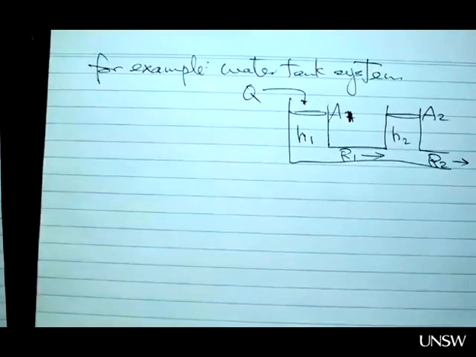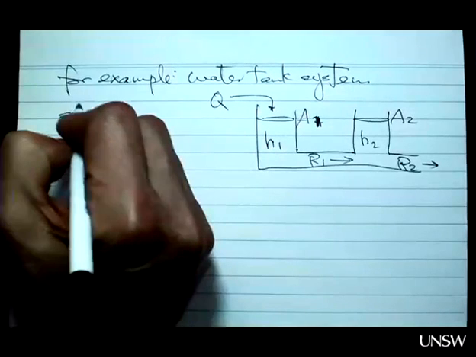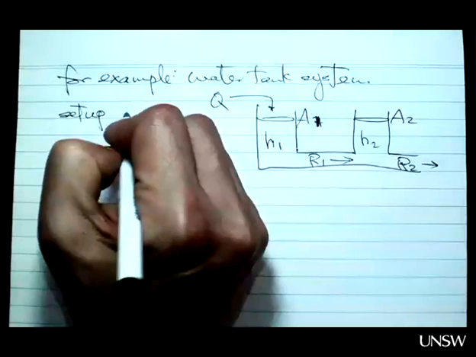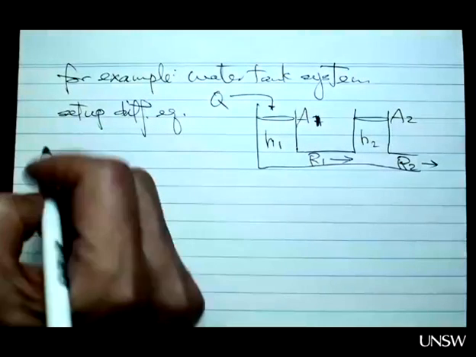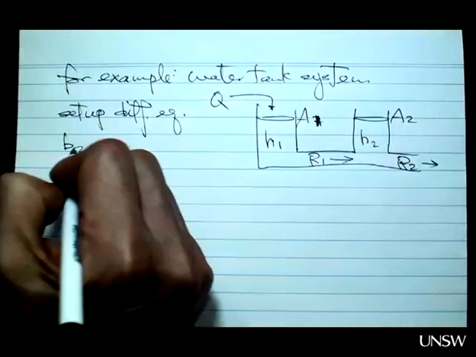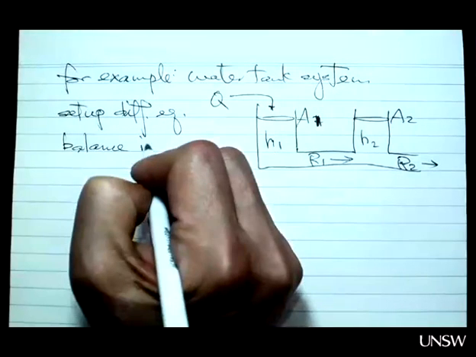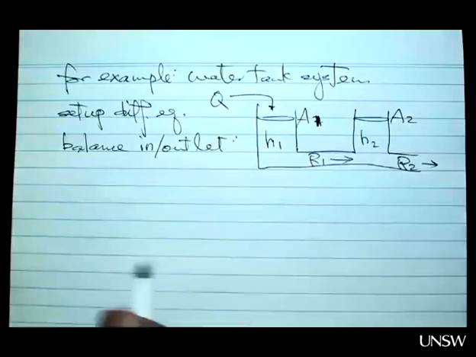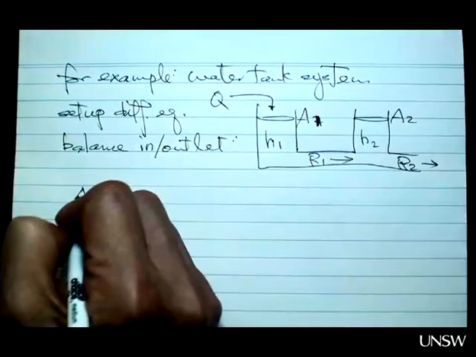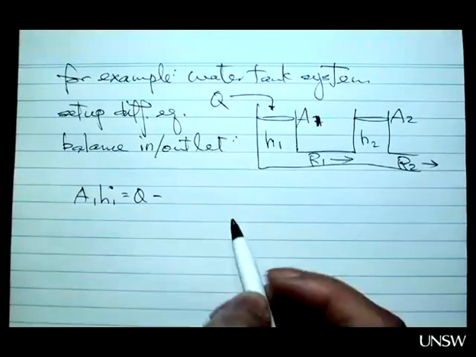so first of all, we set up the differential equation. We balance the inlet and outlet. So we have A1H1 equals the inlet, subtract the outlet.